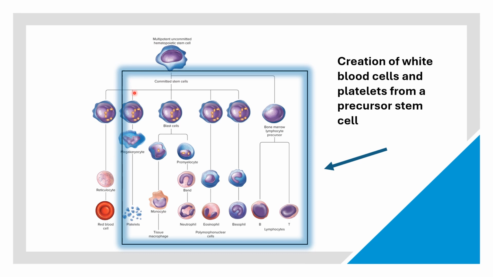If you take a blast cell and you add a different chemical signal, because chemical signaling, attachment to receptors on the outside or intracellularly or nuclearly, is what is going to change this basic blast cell, in this case, into a megakaryocyte. This is a precursor to platelets.